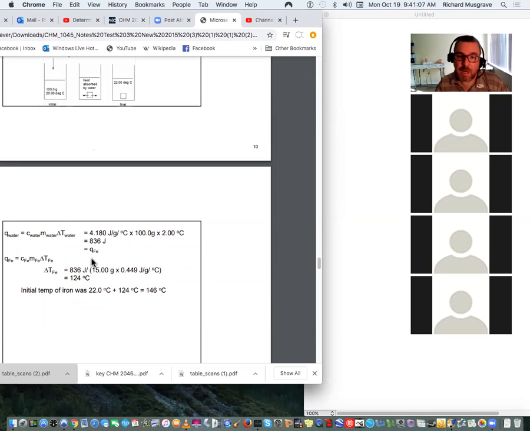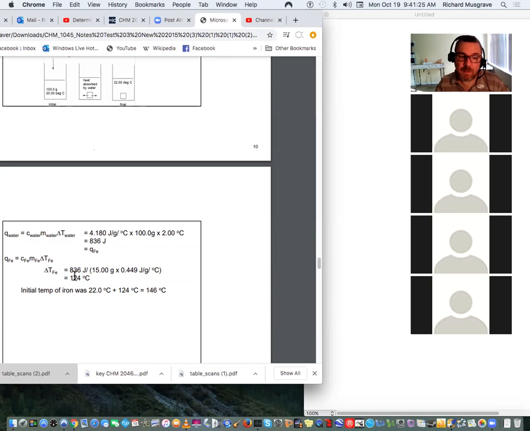So since we're after a temperature here, we rearrange this formula to be delta T of the iron. Delta T of the iron is going to be the Q of the iron divided by the heat capacity of the iron and the mass of the iron.